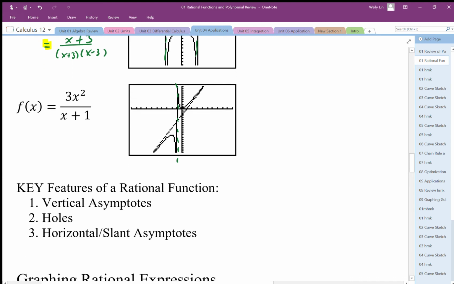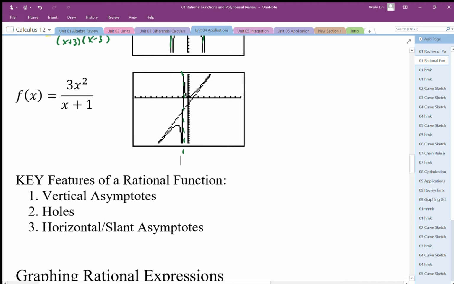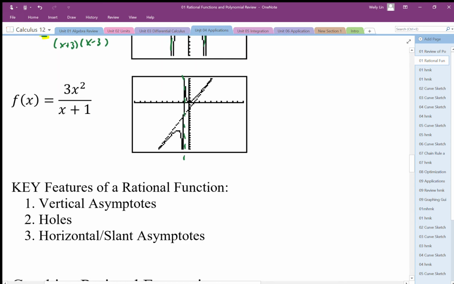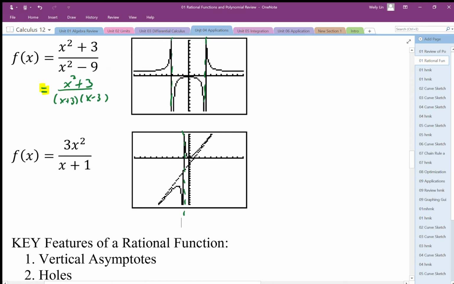So the key pieces that we're looking for are vertical asymptotes and holes, and we're going to look for horizontal asymptotes and slant asymptotes. I forgot to talk about horizontal asymptotes, but horizontal asymptotes are endpoint behavior. As x gets really, really large, what's happening?